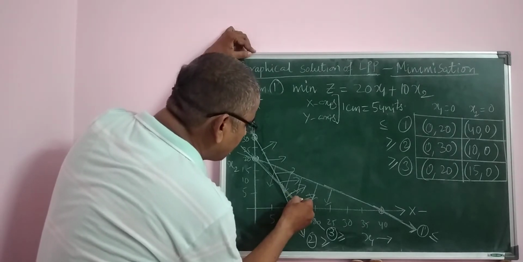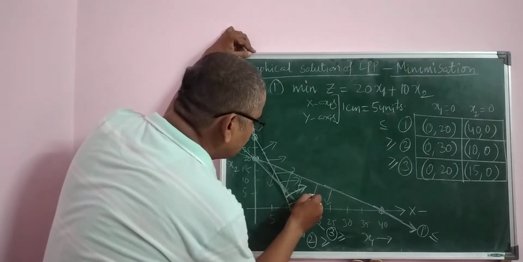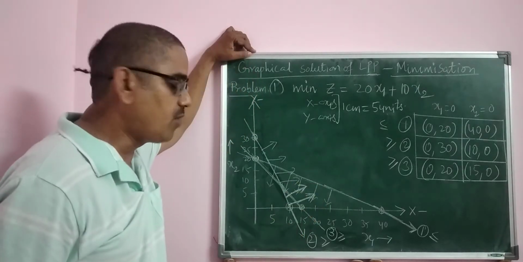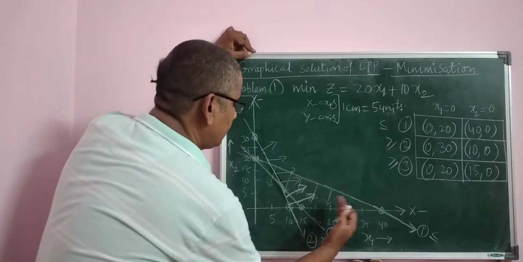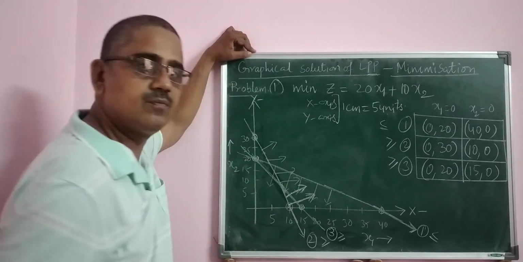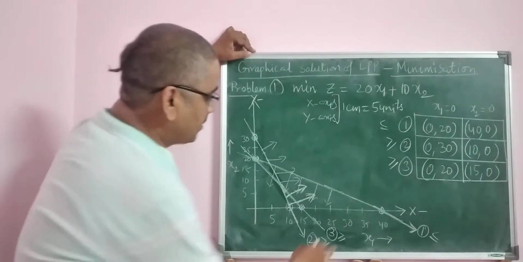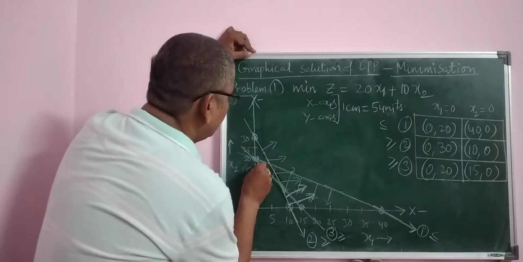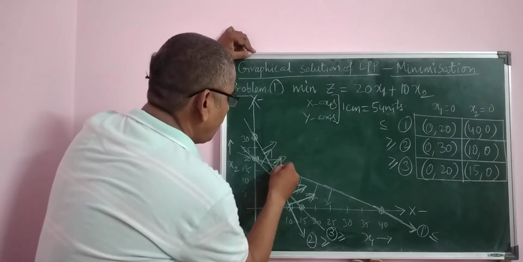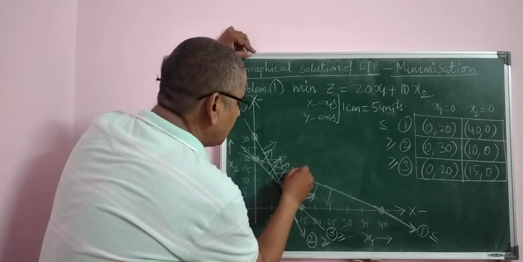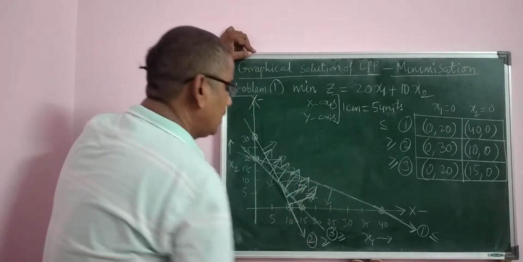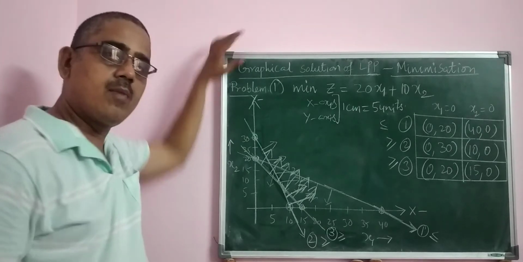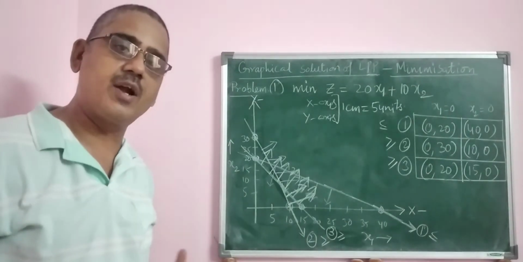For equation 2, remember this is equation 2. Greater than or equal to is this side, less than or equal to is this side, above the line. Equation 3, this is equation 3. Greater than or equal to, above the line in the first quadrant. Now the common region is easy to identify.